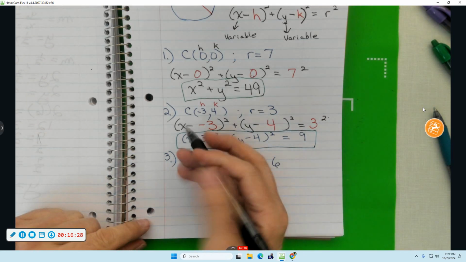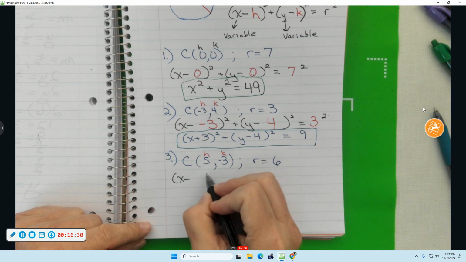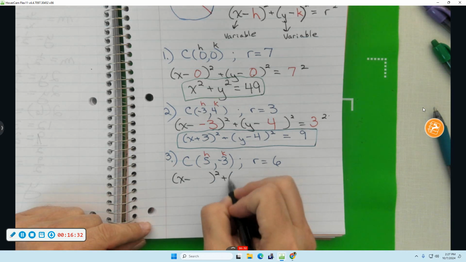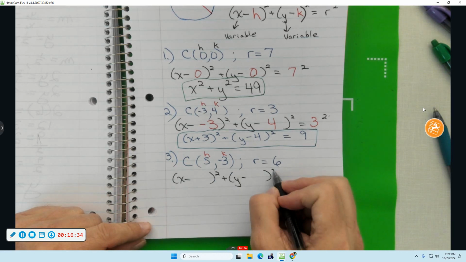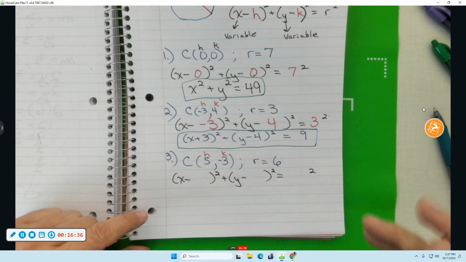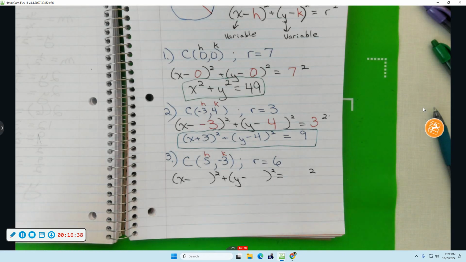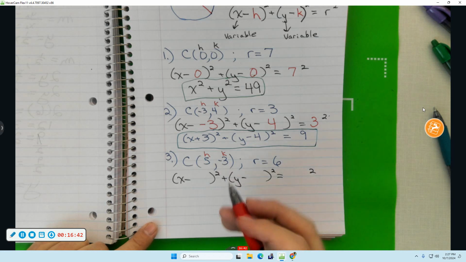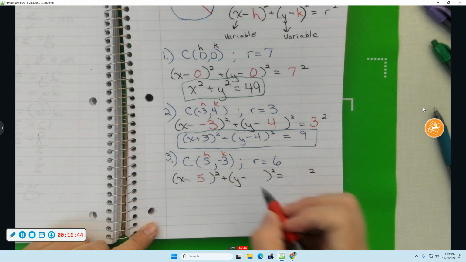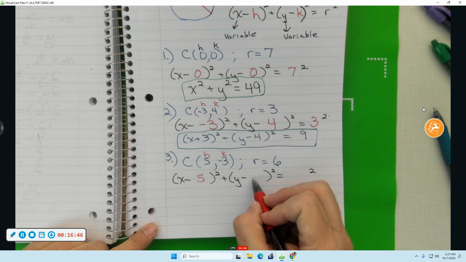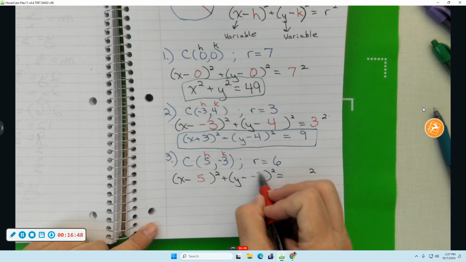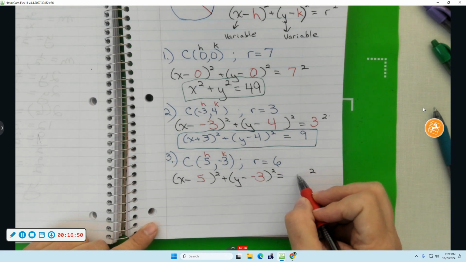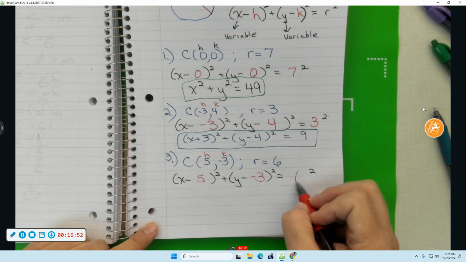So we have an X minus, Y minus. What number's going to go after the X minus? The 5, I agree. Y minus, what will we have here? -3, and what number are we squaring on the right? 6.